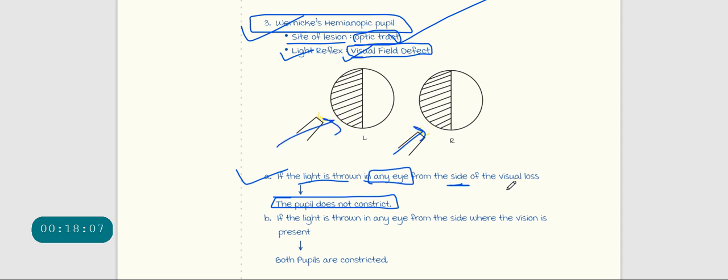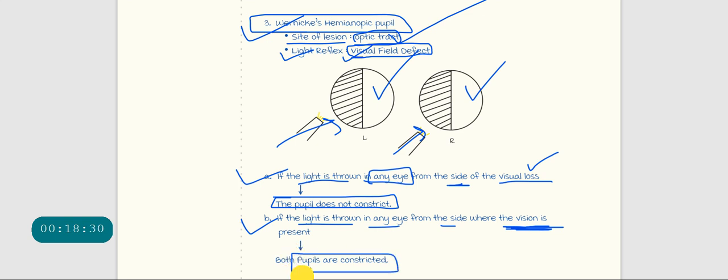When I throw light from the other side where vision is present, the pupil constricts.